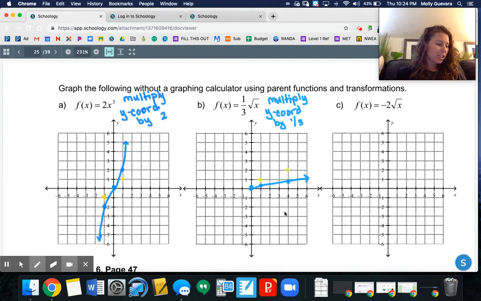So I actually end up getting this compressed form of square root of x, right? It was a little bit more wide and tall, but because I vertically compressed it with this 1/3, it's more flat.